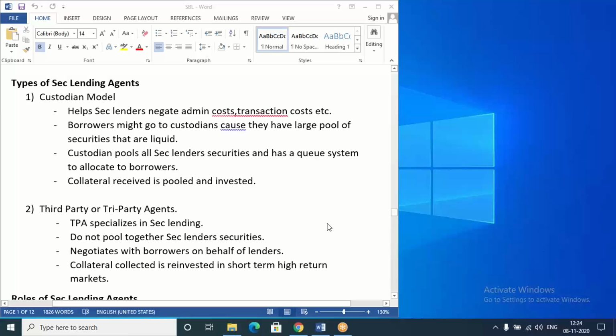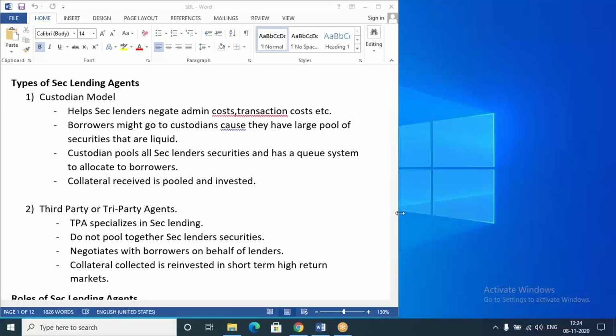Now, if a lender uses a custodian as a sec lending agent, the middleman, and you all know what custodians are, right? What happens there is it helps the lender negate admin costs and transaction costs and the functions of the front office and back office, etc.